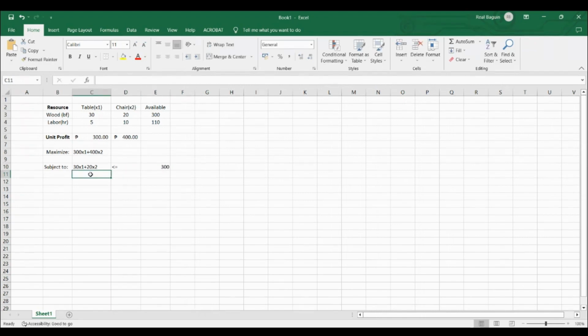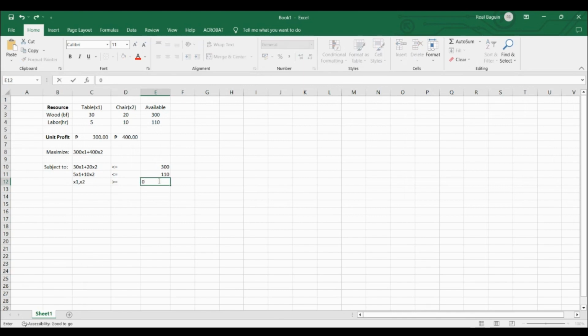Then we also have 5 x sub 1 plus 10 x sub 2 less than or equal to 110. And we have x sub 1 and x sub 2 both greater than or equal to 0.